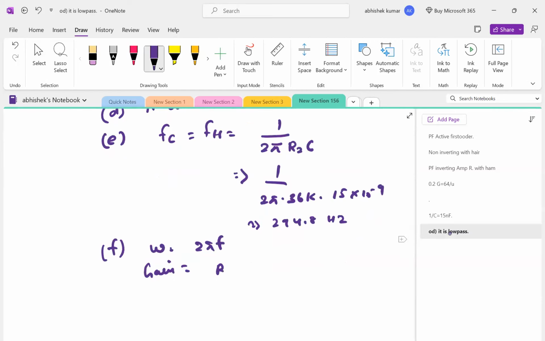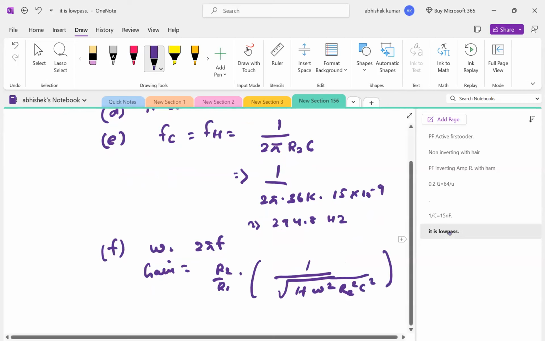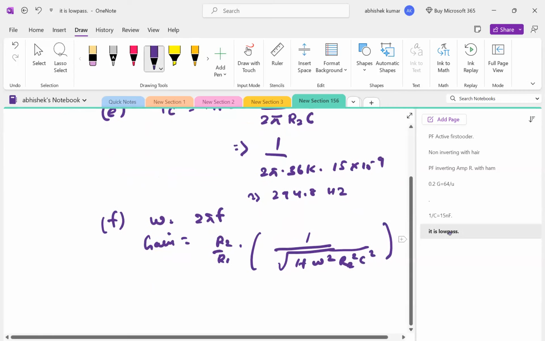Understood? Gain is R2 by R1 into 1 by under root of 1 plus omega square R2 square C square. So basically R2 and R1 values are given to you. R2 is 36K.